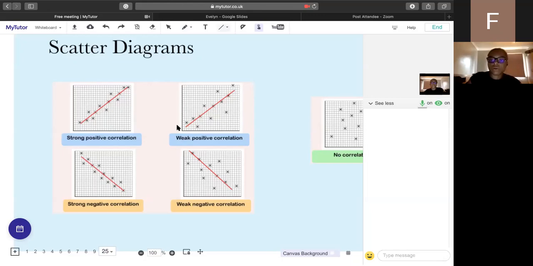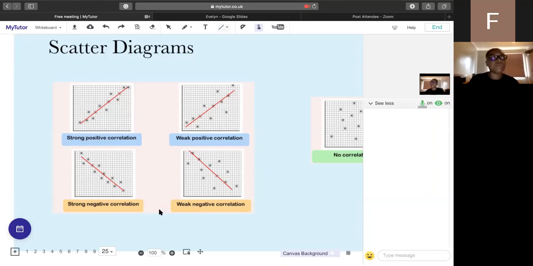They also go up. Now a negative correlation is the opposite way round. It's when you have a straight line and it goes downwards. If you were to draw a straight line graph, this would have a negative gradient. That's why we call it a negative correlation. So as your x values increase, your y values aren't increasing this time, they're going downwards, they're decreasing. So hopefully that clears up the difference between a positive and a negative correlation.